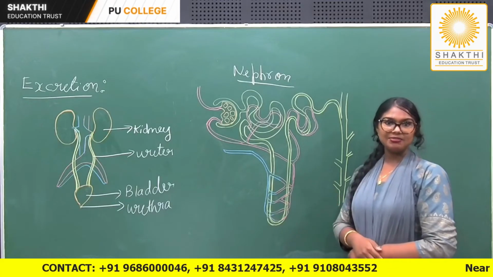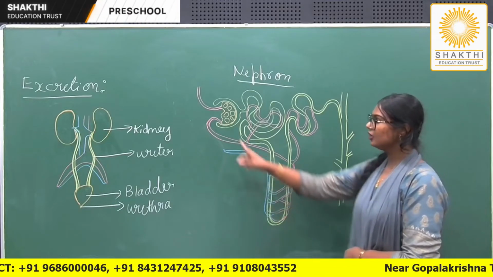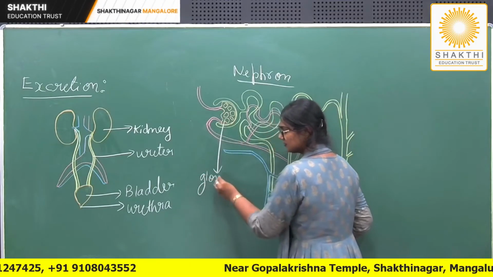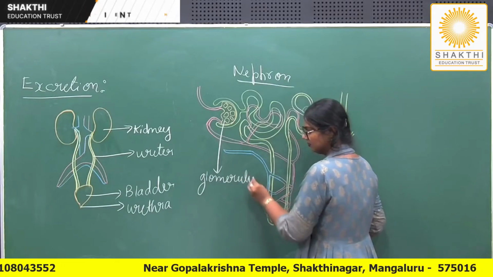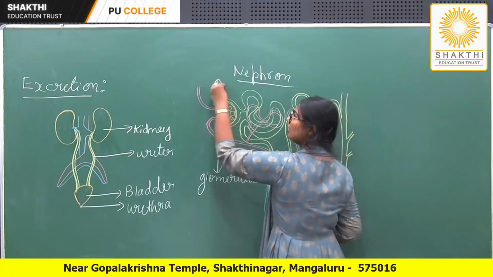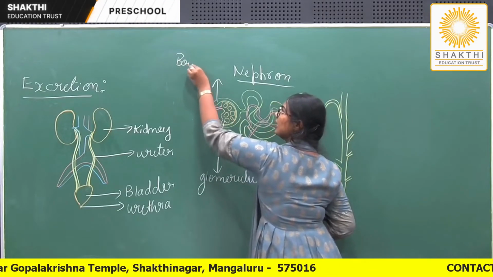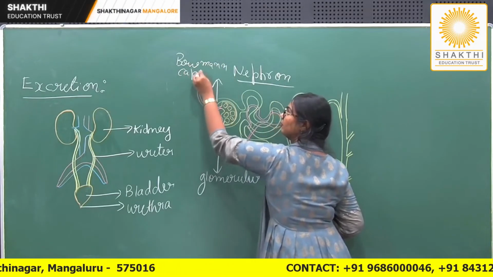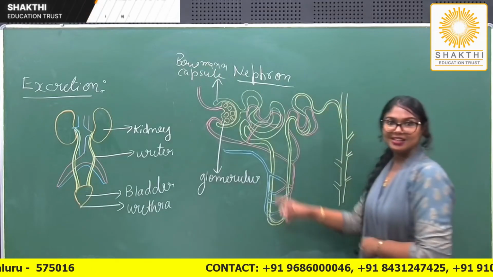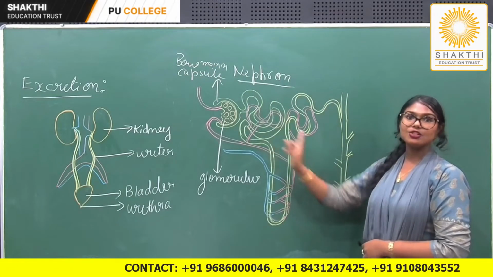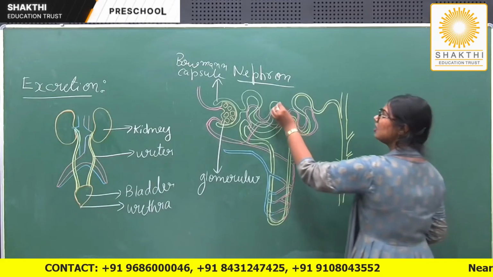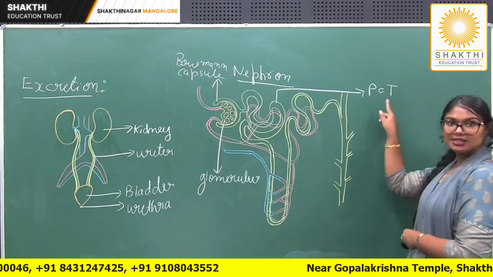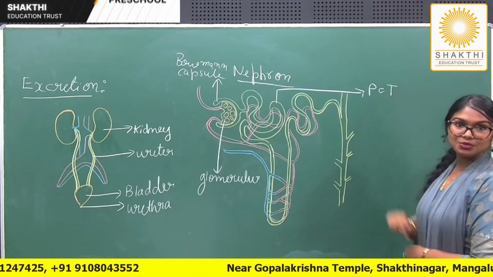Present in the nephron is the glomerulus. This part is called glomerulus. The cup is called Bowman's capsule. This convoluted region or the folded region is called PCT, which stands for proximal convoluted tubule.